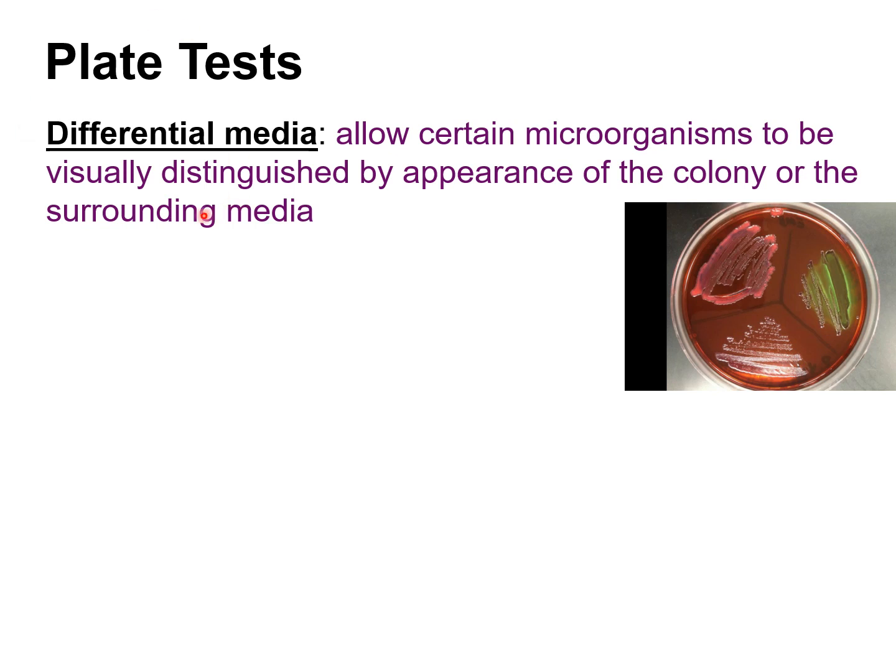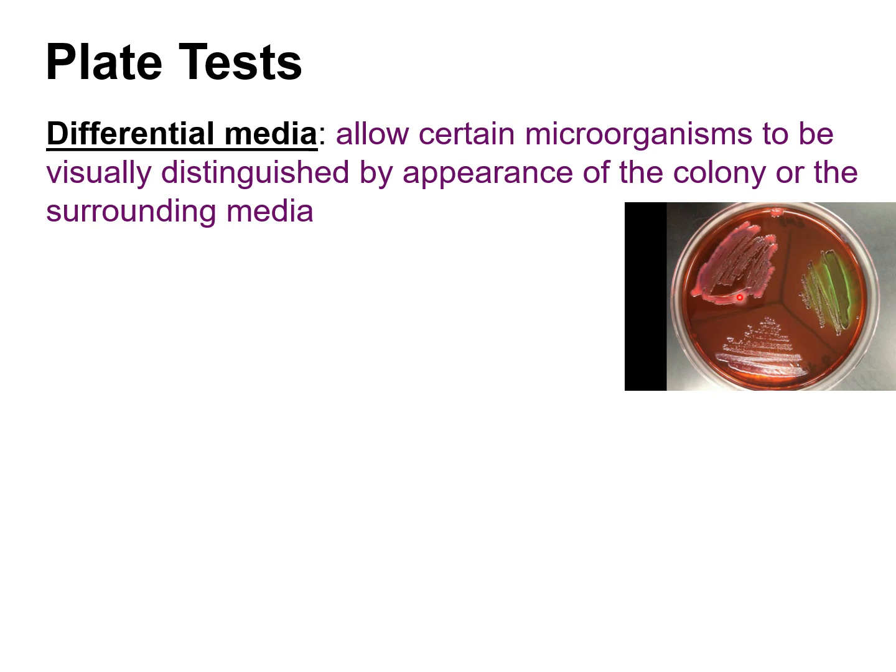Now there is another type of medium, and it's called the differential medium. The differential medium is basically going to help us differentiate and distinguish by appearance. So if you have a plate right here, this is an EMB plate, which is a differential plate.